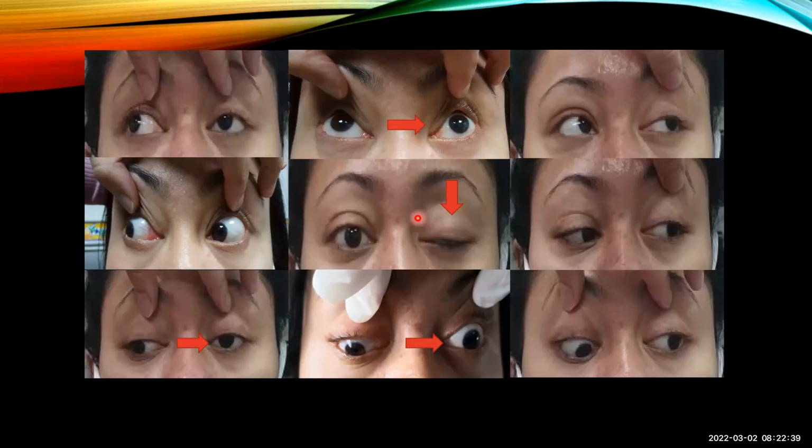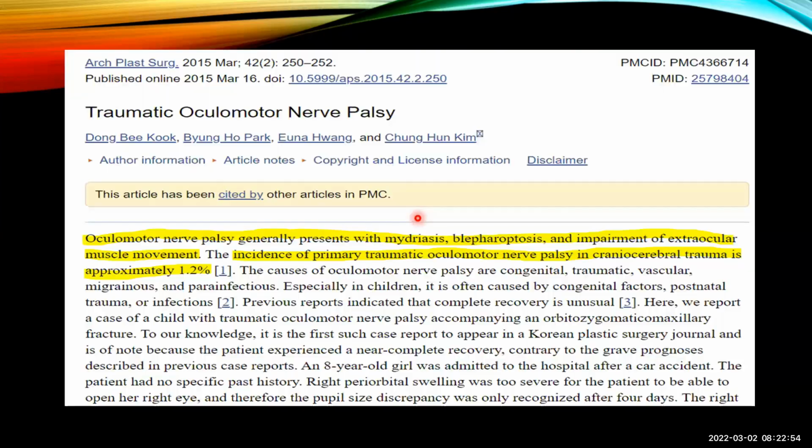So retrospectively, the diagnosis was revised for this case as a pupil sparing third nerve palsy of the left eye with traumatic mydriasis. Later, I will explain a little on traumatic mydriasis. So how common is traumatic oculomotor nerve palsy? The incidence of primary traumatic oculomotor nerve palsy was reported by Kim in craniocerebral trauma as approximately 1.2%.